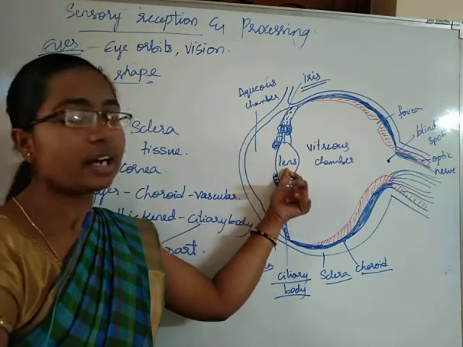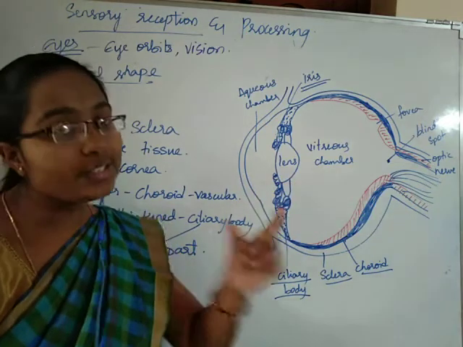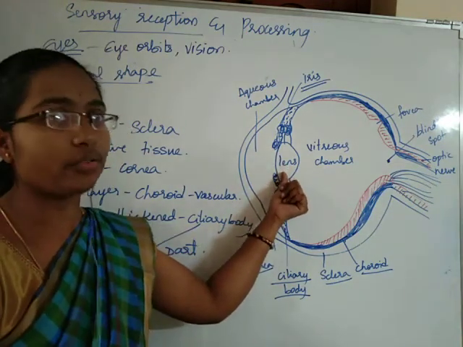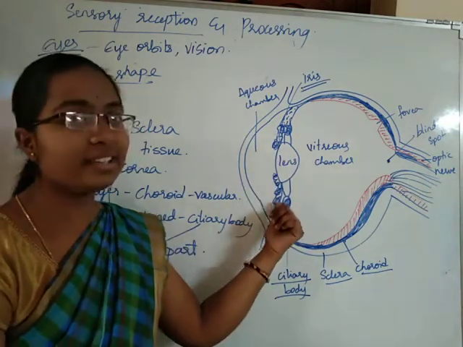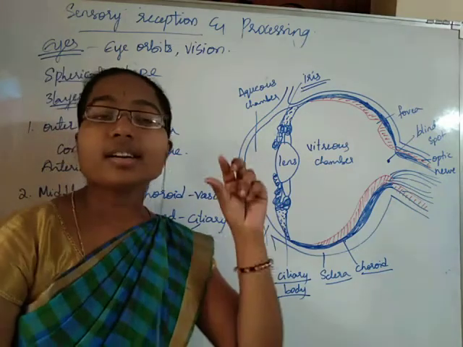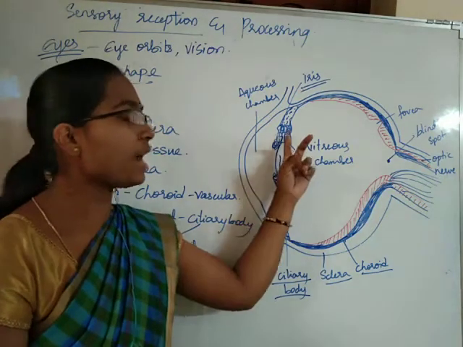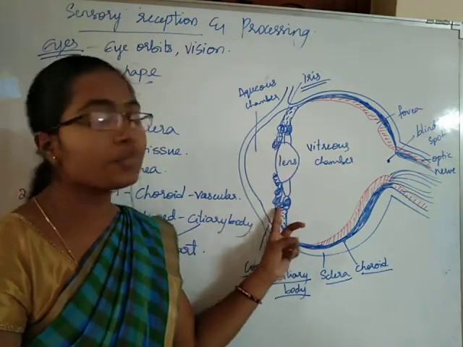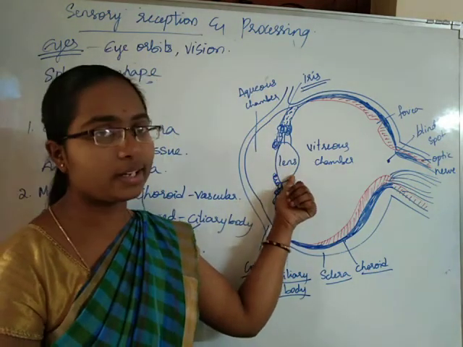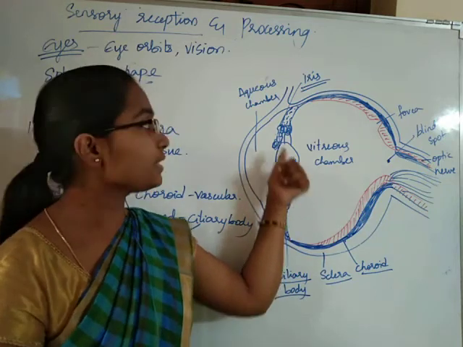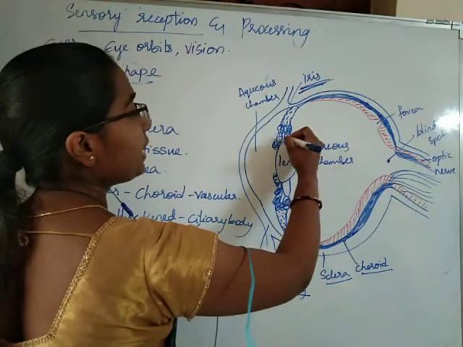So you can observe that there is one small transparent crystal-like lens present in the center of the eye, in between the 2 iris, okay. This lens is held in position by iris, and also there are some ligaments you can observe.